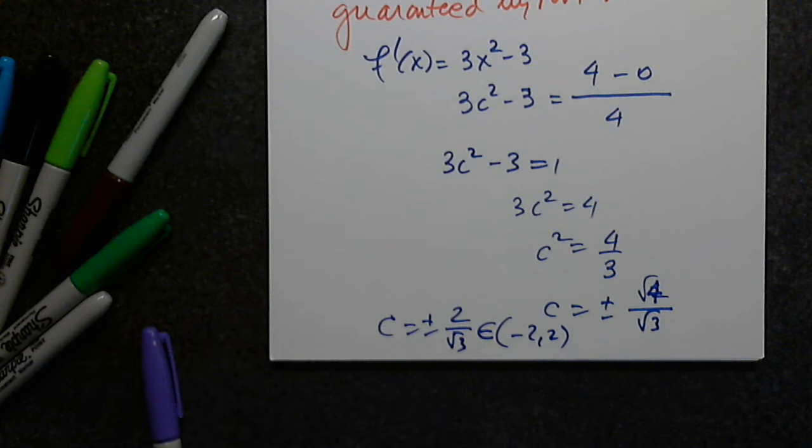So with a calculator, I calculate 2 divided by the square root of 3, and I got 1.15. So yes, they're both plus or minus. So in this particular case, the theorem showed that 2 such C's are possible.